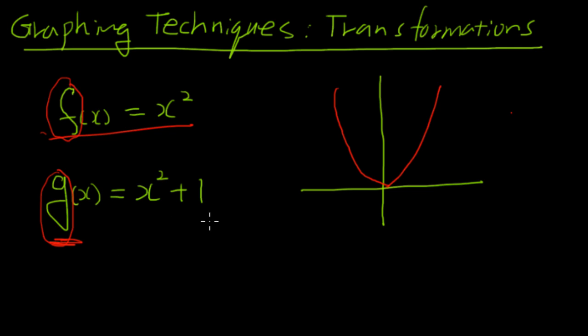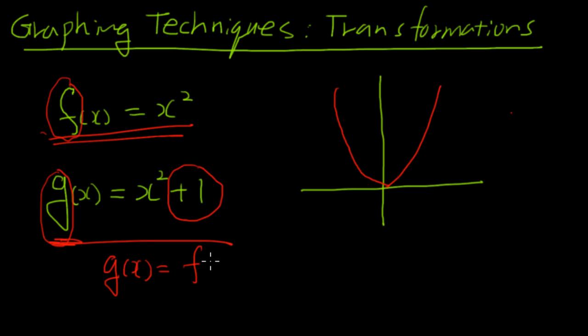So let's talk about this g of x. G of x is very similar to f of x. The actual difference is right here: to f of x, we added 1. I can rewrite g of x as f of x plus 1, because f of x is just x squared.